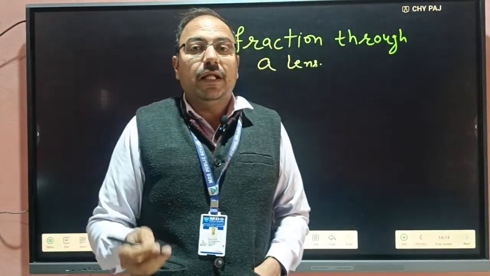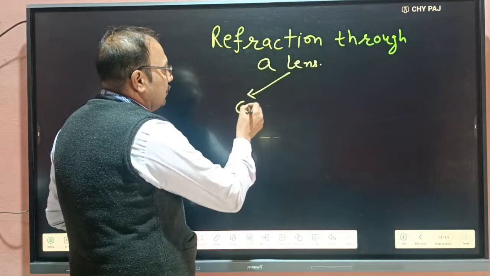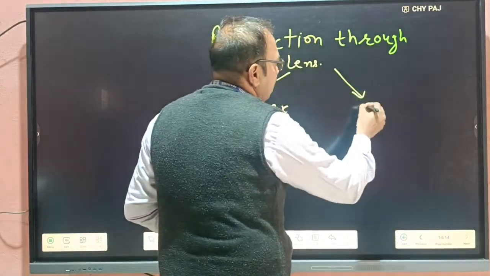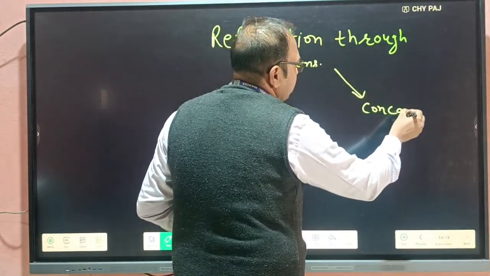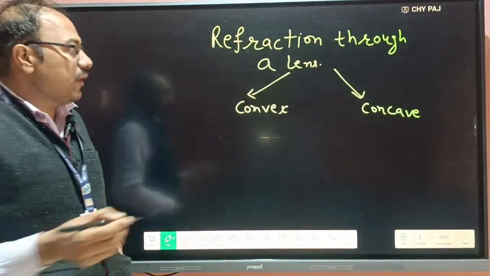Basically, lenses are of two types: convex, and second, concave. These lenses are made of transparent materials.